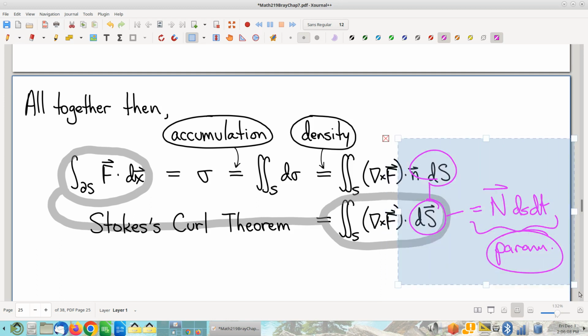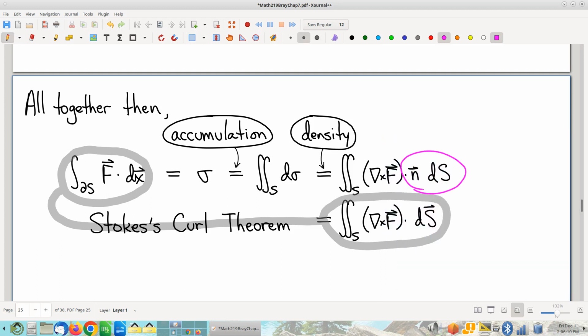Alrighty. So this n dS we notice previously seen. This is the dS vector. Now we have a kind of surprising rephrase. Didn't really see this coming. Kind of anticipating a scalar integral here because we wanted to think of quantity per unit size. That's how we think about densities.